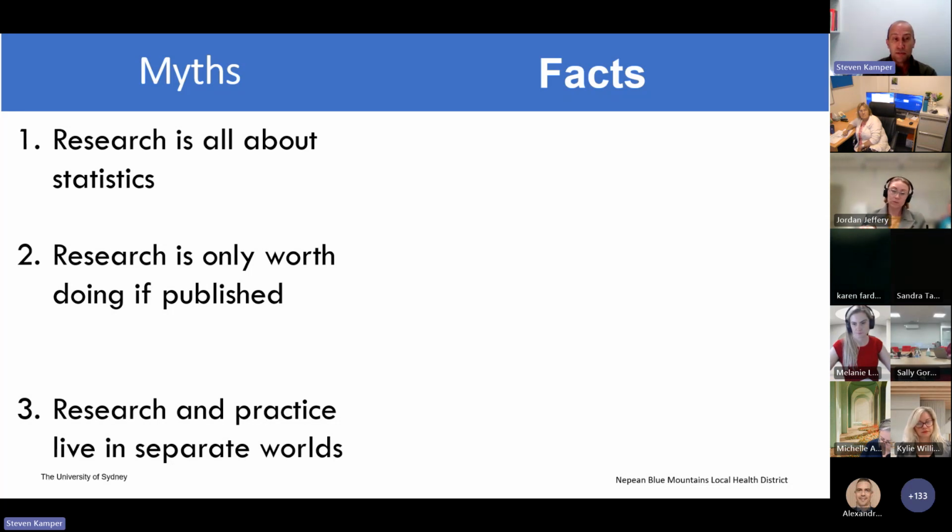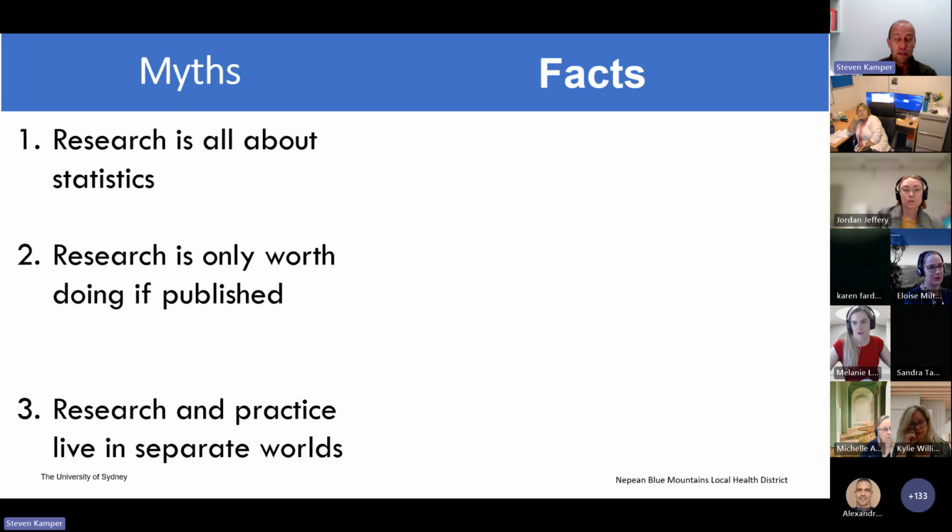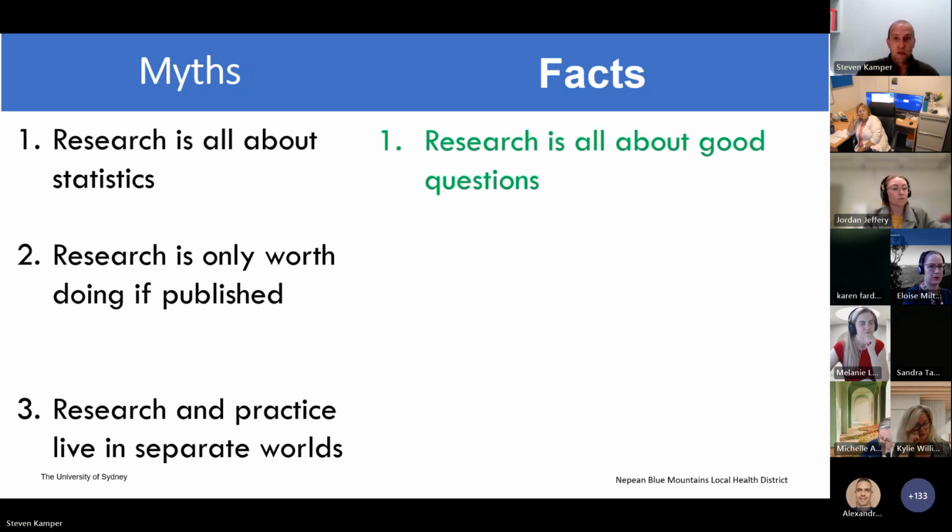When I talk to clinicians particularly, they say, I can't remember what a p-value is. I can't remember how to calculate a confidence interval. I know there's something about logistic regression, but I can't remember how to do it. Research is not all about statistics. Research is all about good questions. The statistics follow, and most of the time they're quite simple.